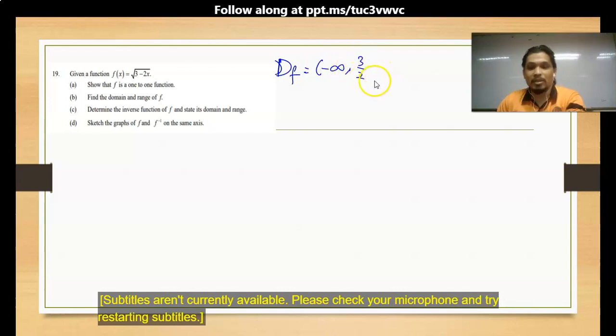Please refer to the previous minutes of this lecture discussion. And then the range of f equal to 0 to positive infinity. There you go.